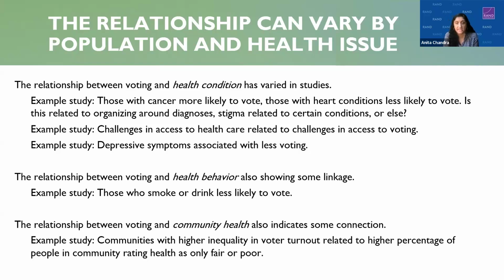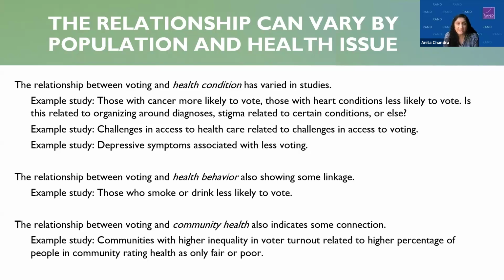These kinds of associations differed by race and educational status. Notably in that study, Black respondents and those with lower education who also had cancer were more likely to vote than white participants and those with more education who also had cancer.